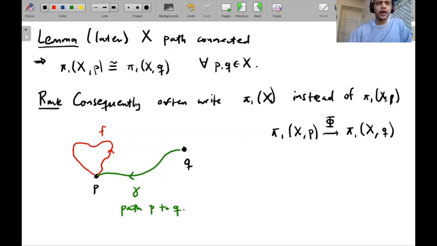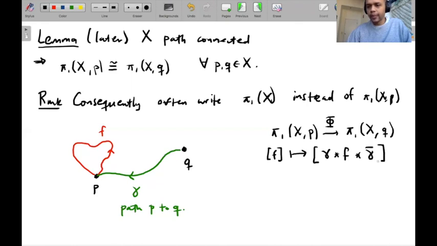We'll define this map phi by sending the homotopy class of a loop F based at P to the homotopy class of the following loop based at Q. First you do the path gamma, and then you do F, and then you go backwards along gamma. So that starts at Q, you go to P, you do the loop F, and then you go back.